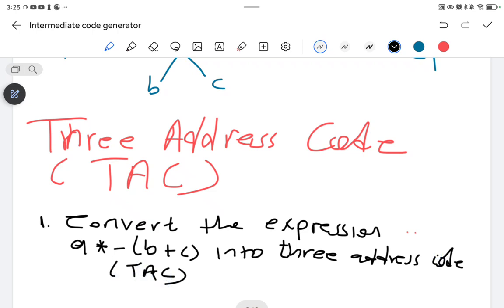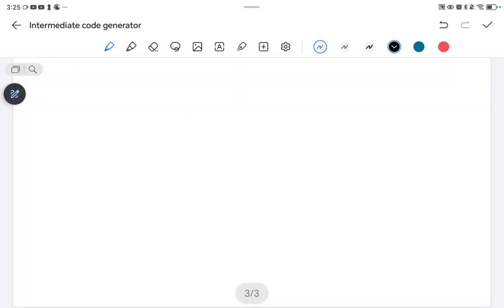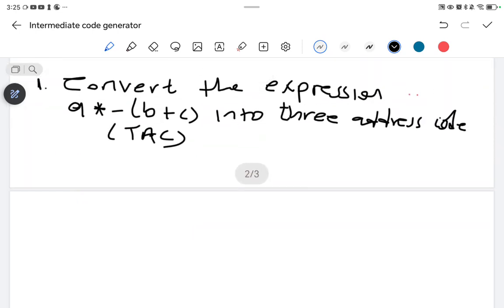So don't be shocked when they say convert this to 3 address code or to TAC.